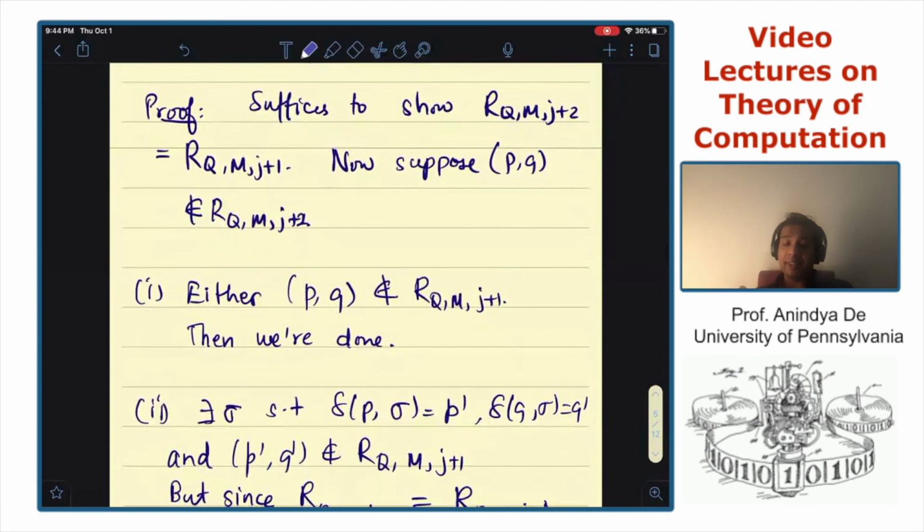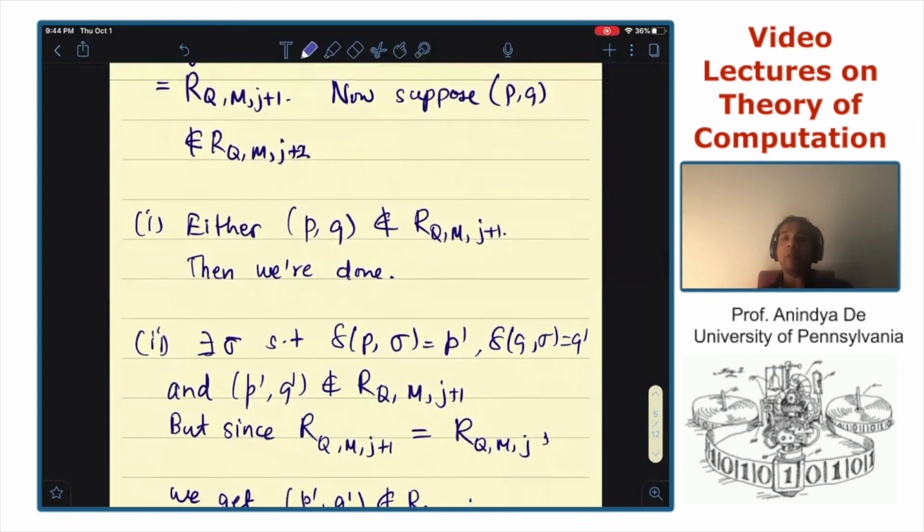Or else, if p, q is not in R_{Q,M,j+2}, then there exists a symbol sigma such that starting from p and reading symbol sigma, you go to p prime, and starting from q and reading symbol sigma, you go to q prime, such that p prime, q prime is not in R_{Q,M,j+1}.